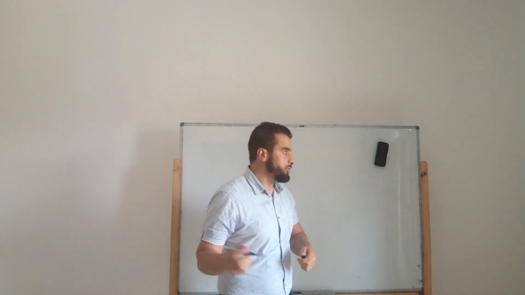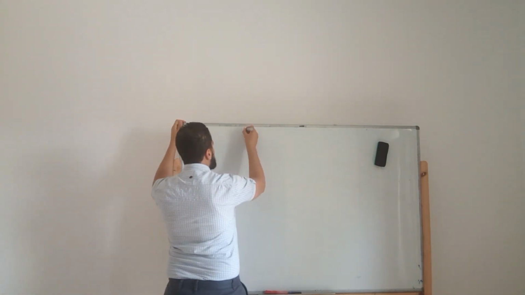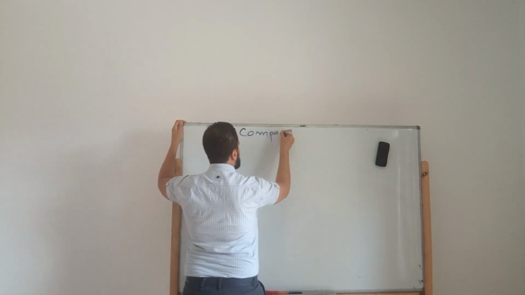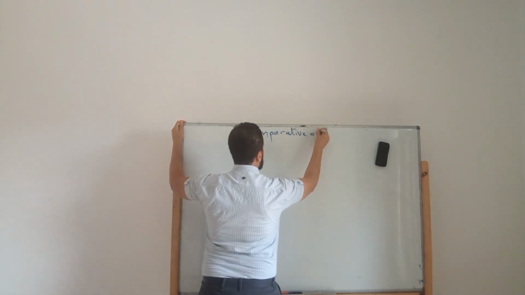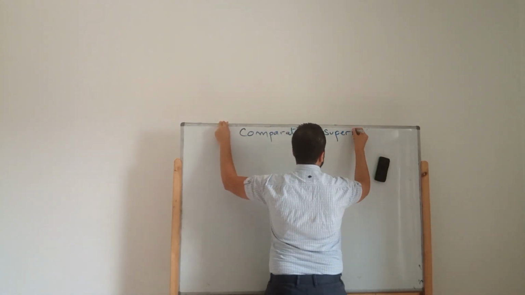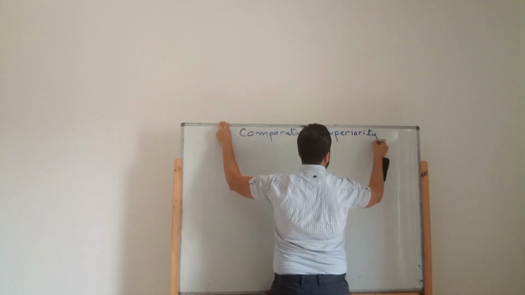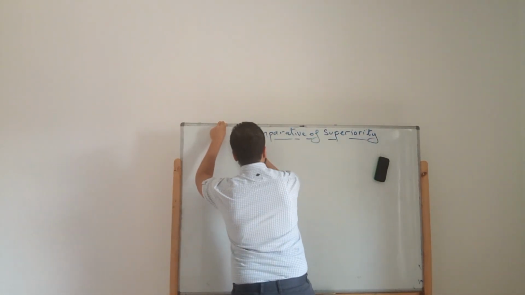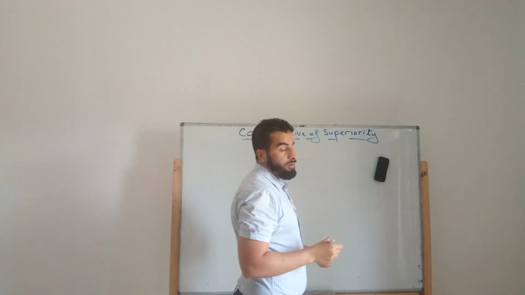So what do we mean by a comparison and how to make it? Today I will explain comparison or comparative of superiority, inferiority and equality. Let me start with the first topic, which is comparative of superiority.